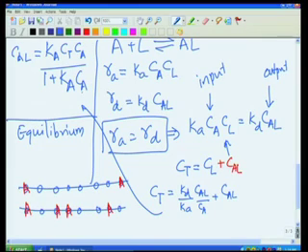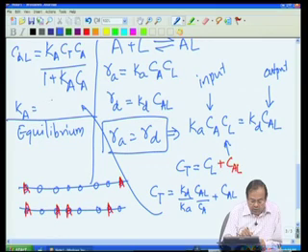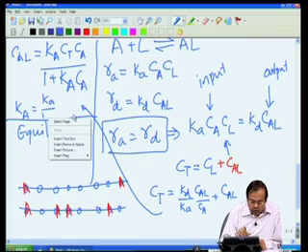What is my KA? K capital A is nothing but the rate constant Ka divided by the rate constant Kd.